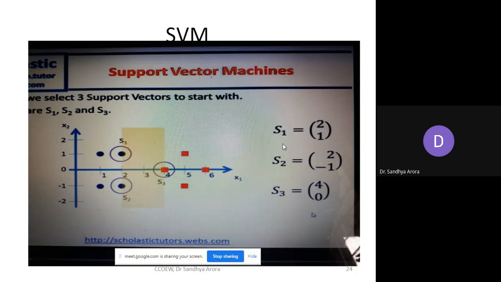We need to find out the equation of the plane. The equation of a plane will be in the form of w1 x1 plus w2 x2 plus w3 x3 plus b, something like this. In this case we have only 2 dimensions, x1 and x2, so our plane equation will be w1 x1 plus w2 x2 plus b only. So let's start the computation.